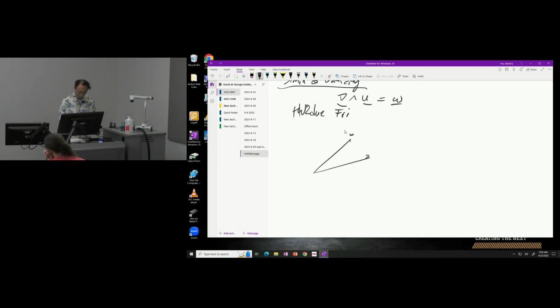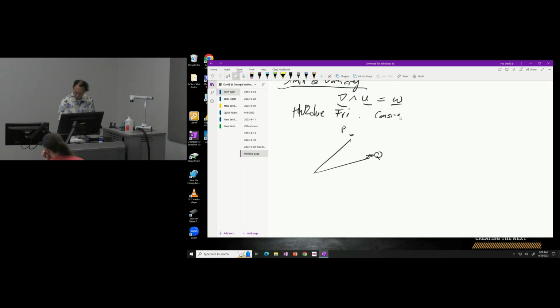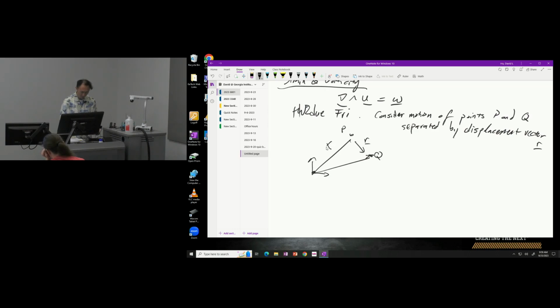So a point P and a point Q. There's going to be this displacement vector r that goes between points P and Q. That means if this is the origin, we'll call this x.